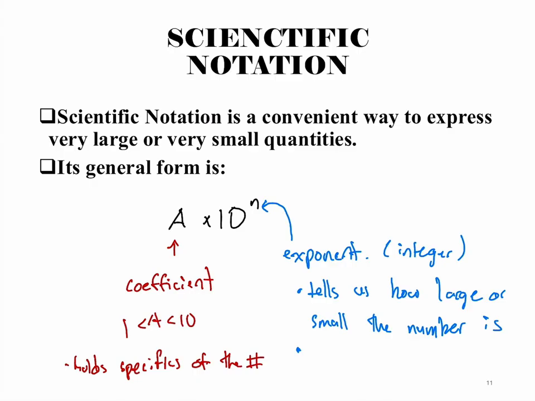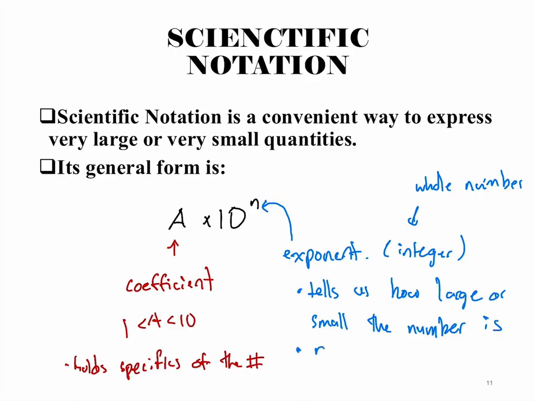So when I say an integer, what does that mean? It's just a whole number, right? This just means a whole number. It would defeat the purpose of making things simpler if you had like 0.5 as an exponent, because why would I have a square root to make things simpler to understand? So it's always going to be a whole number. So there's going to be a whole number that can be either positive or negative.